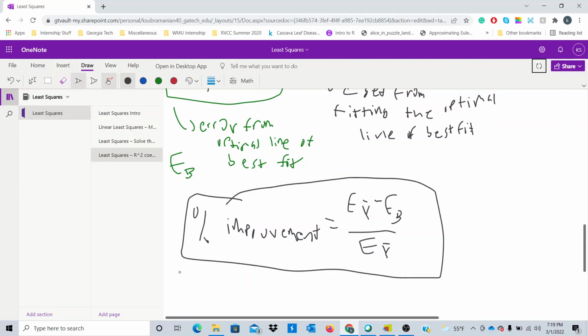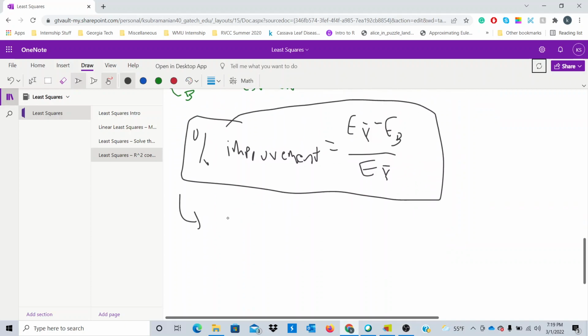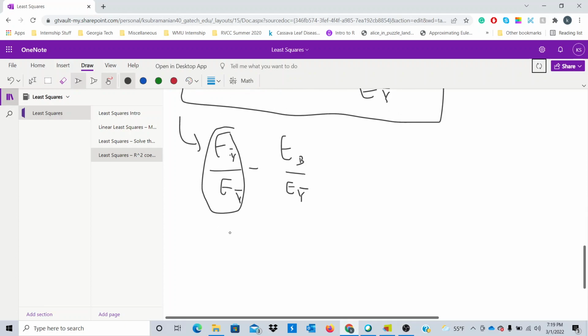And we'll notice that this percentage improvement, we can expand the fraction out a little bit. So we have E of y bar over E of y bar minus E of B over E of y bar. We'll notice that this term here goes to 1, and this term here stays as is.